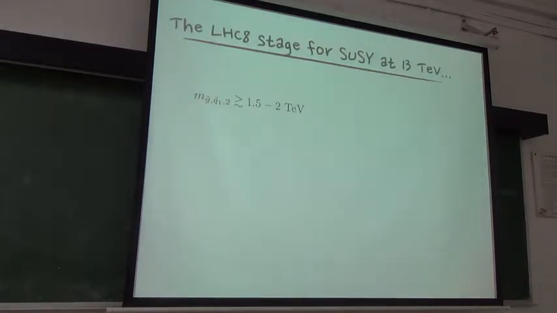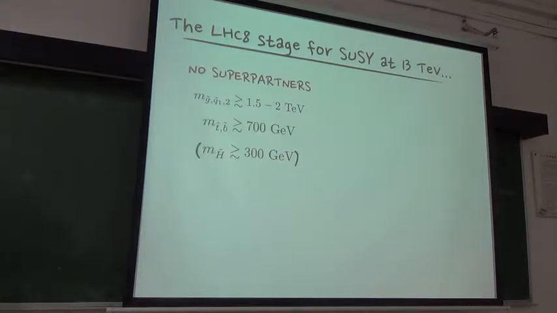Okay, so we've been running the LHC for several years now, and the 8 TeV run has been completed, and most of the analyses of the 8 TeV run have been completed. And the result of all these searches for superpartners can be summed up as: we didn't find any superpartners.